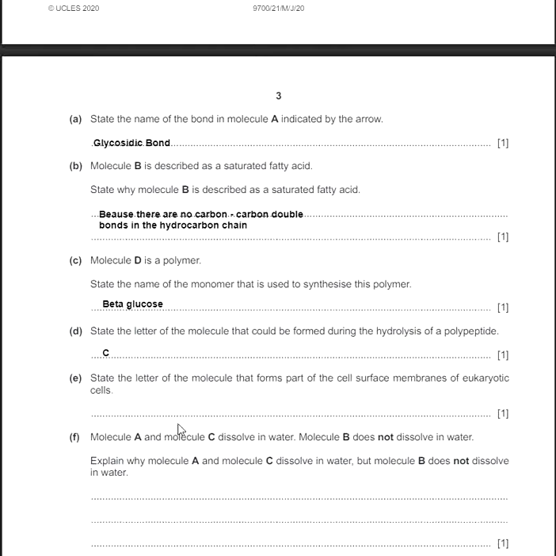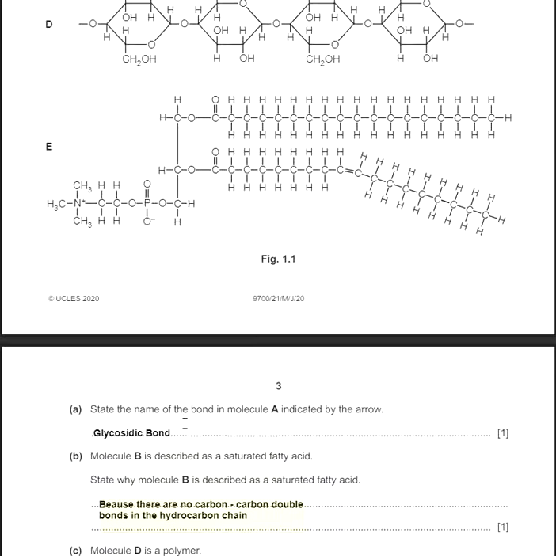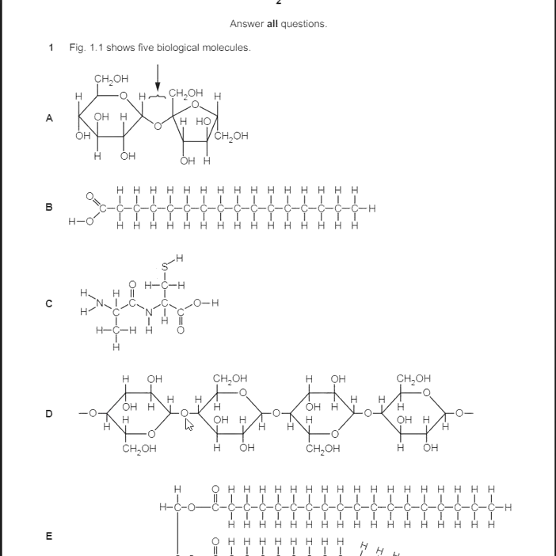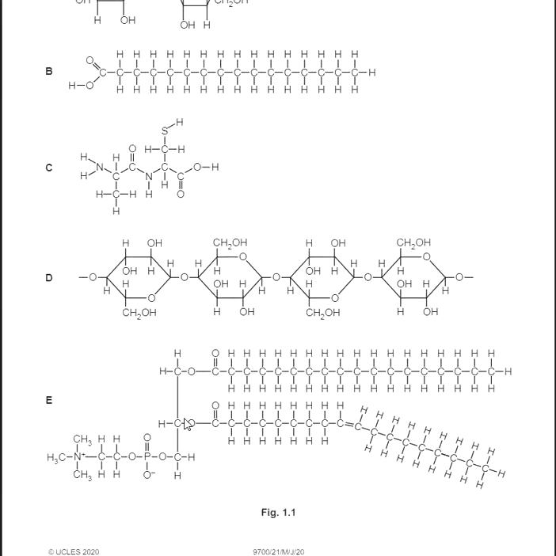State the letter of the molecule that forms part of the cell surface membrane of eukaryotic cells. What are cell membranes mainly made of? They are made of phospholipids, and we see one of these phospholipids.